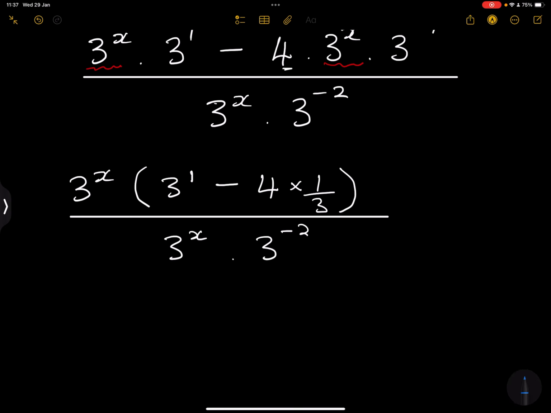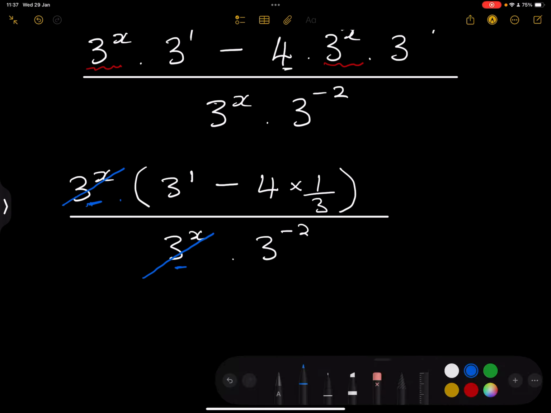But first of all, we've got common factors in this case. So we've got something that is common in the numerator as well as the denominator. So what we do is that we can cancel it out. Note in this case that we've got multiplication signs in between the two. So as a result, we can cancel that out.